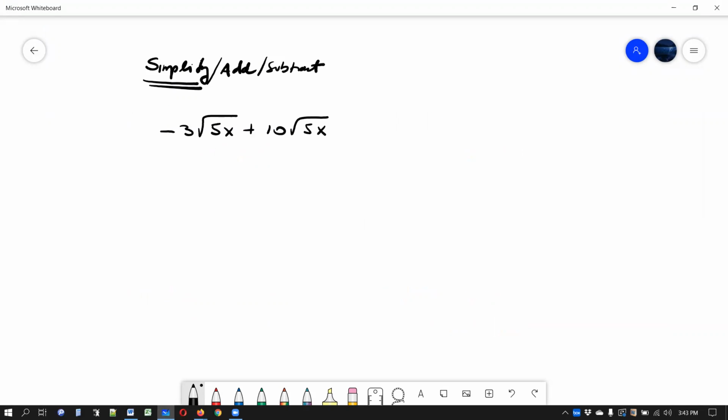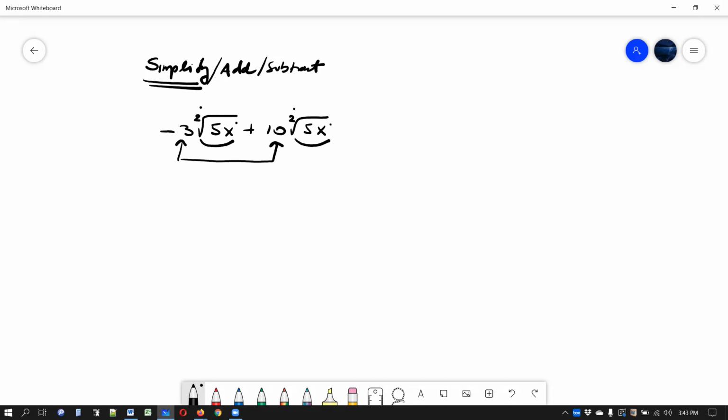So this is an expression. It would be under simplify. And we have to check the radicand and the index, which in this case is an invisible 2. The indices match, the radicands match, which means that I can perform the operation on their coefficients.